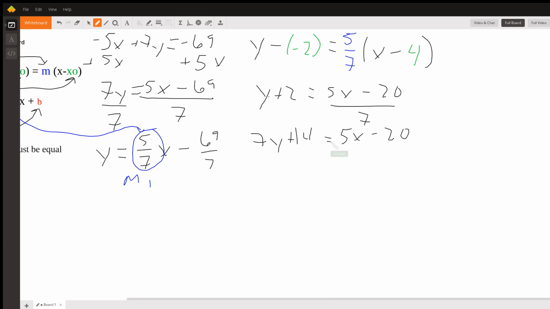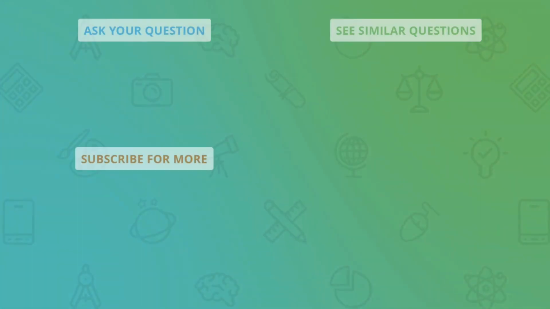And then I'm going to subtract 14 from both sides, and I'm also going to subtract 5x from both sides, so that we get a standard form of 7y minus 5x is equal to minus 34.